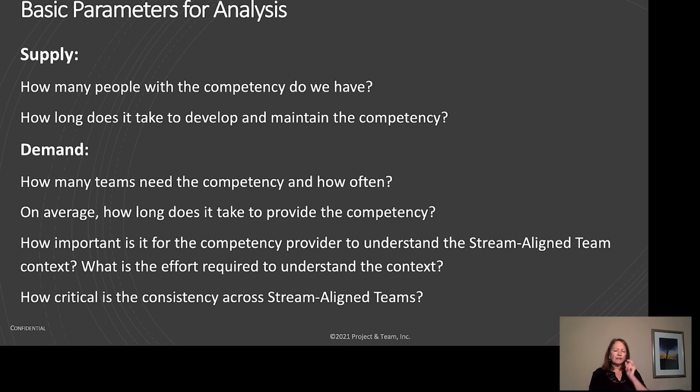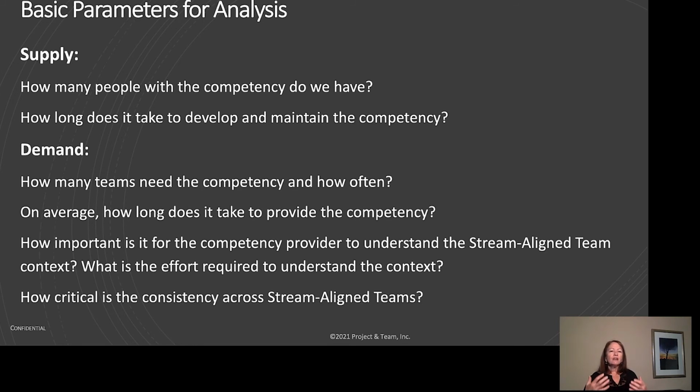So let's think about the basic parameters for analysis of our options. How many people do we have with that competency? How long does it take to develop and maintain the competency? These are the two key elements of the supply. Then what's the demand? How many teams need it? How often?